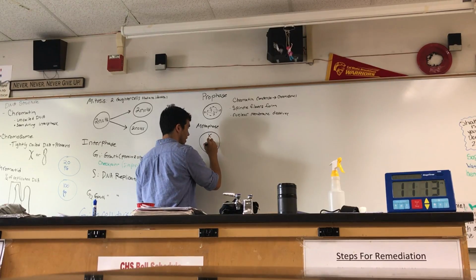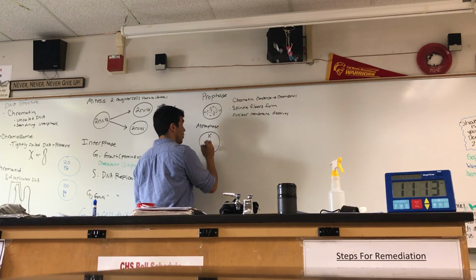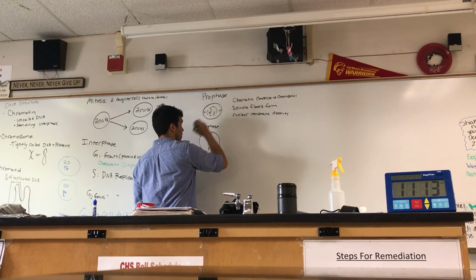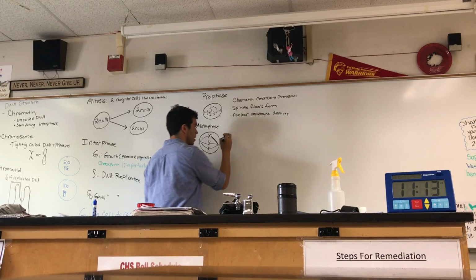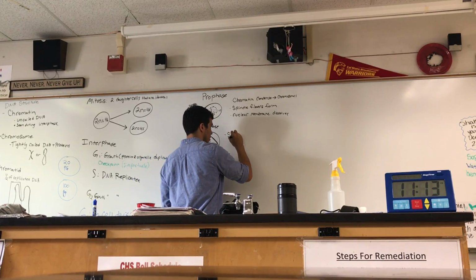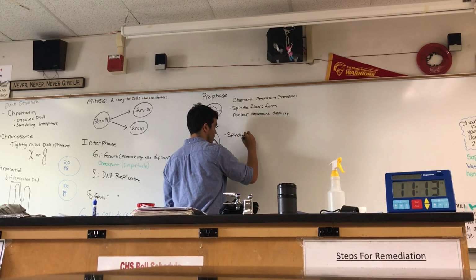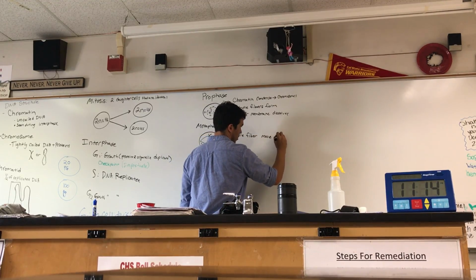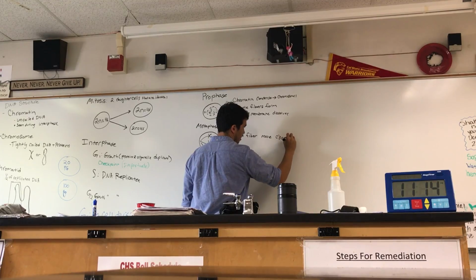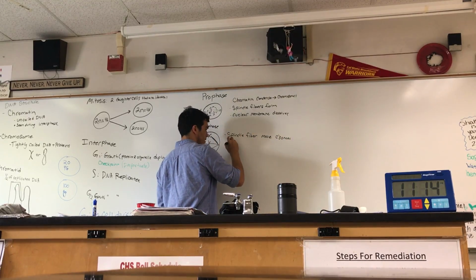Those chromosomes are going to line up right along that metaphase plate, because the spindle fibers push them. So spindle fibers move the chromosomes. They're going to move the chromosomes to the metaphase plate.